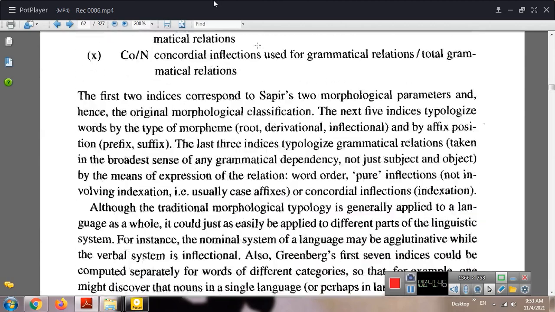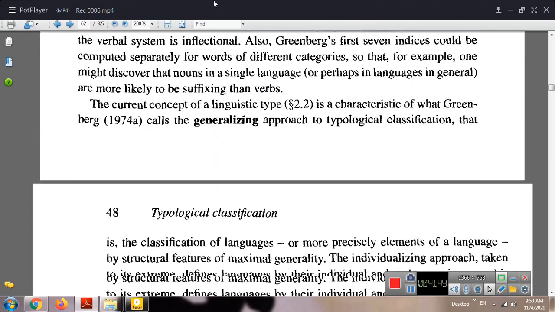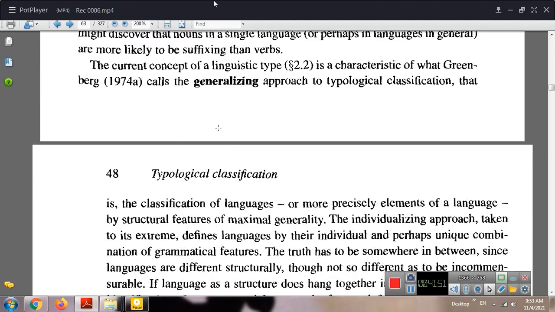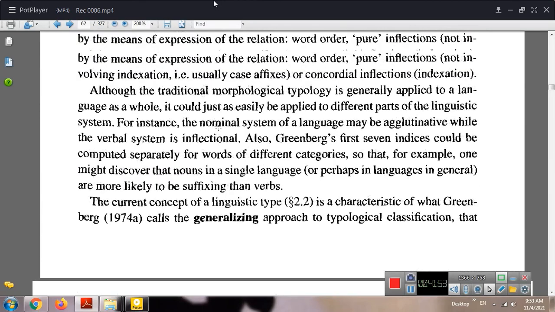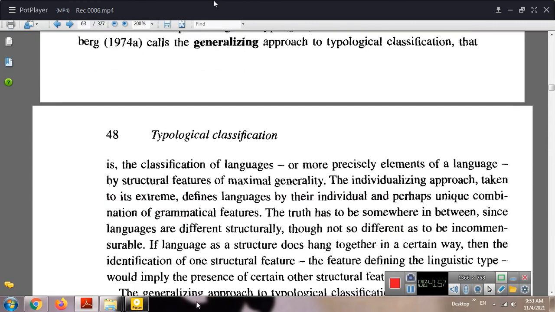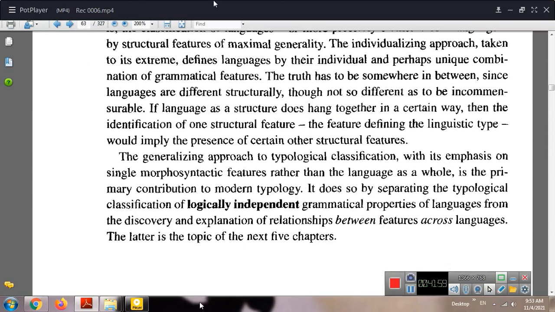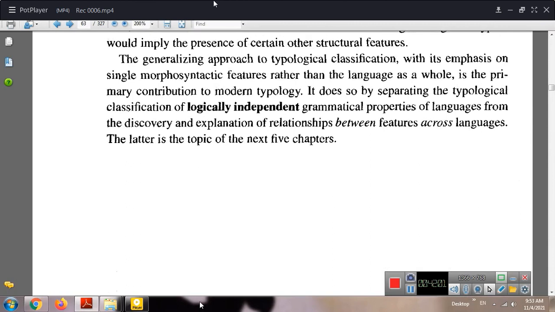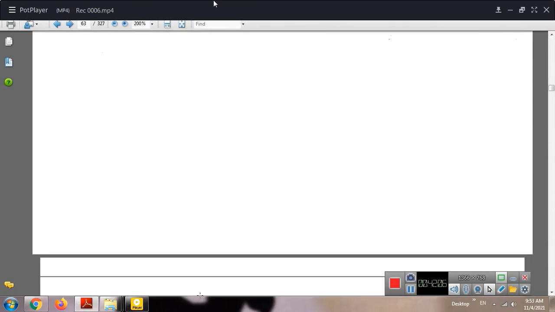And then I think the matters of this paragraph are not as important as the previous paragraph, because here it just gives you more information about the morphological typology.